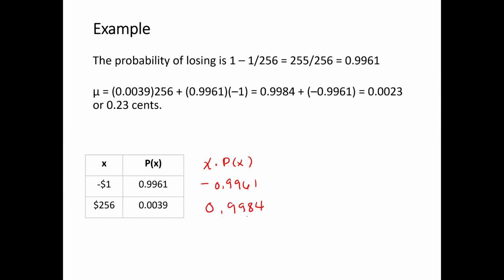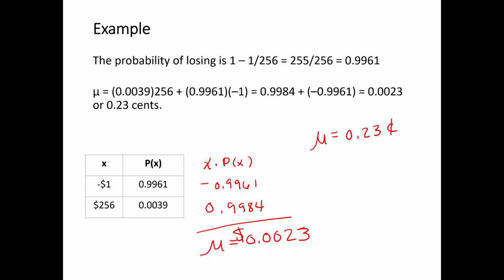0.9984. So the expected value mu is the sum of those two values. And so mu is what? 0.0023. So the long-term average, that is in dollars. So is it 0.23 cents?